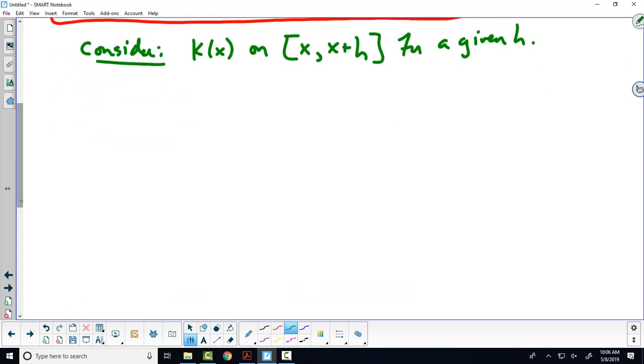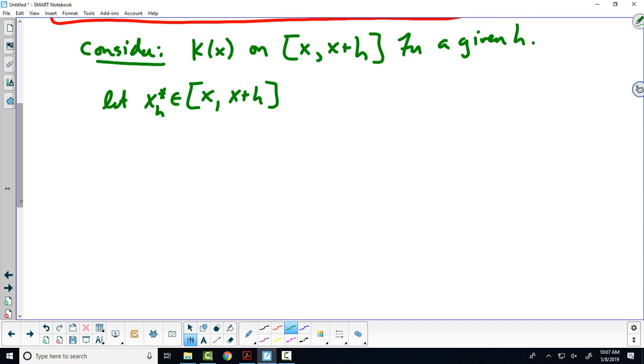Okay, so consider k of x on this interval. Then let x sub h star be just some random point in that interval. Don't let your eyes glaze over with that notation. We usually use a star when it's just some random point inside of an interval. The subscript h that I'm putting there is because I'm going to vary h.